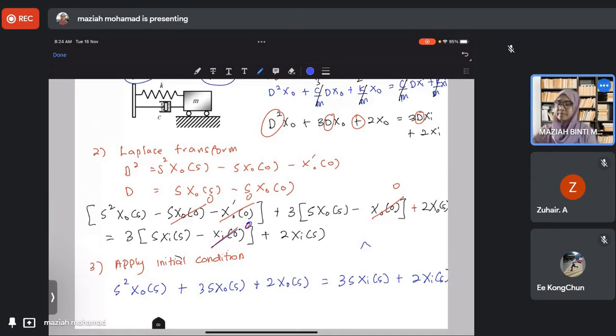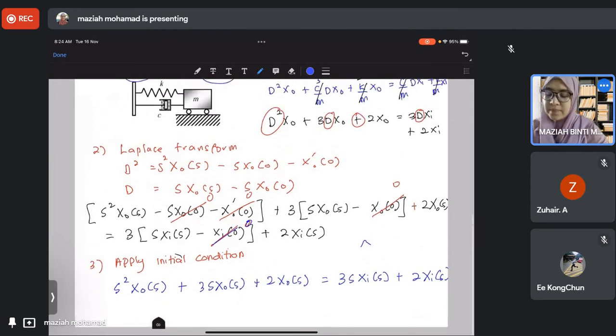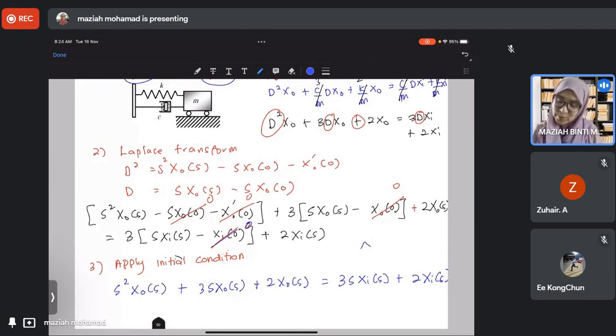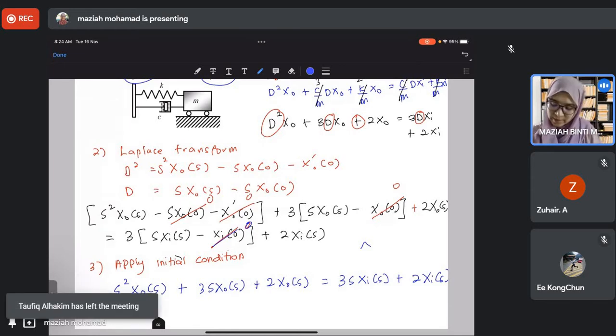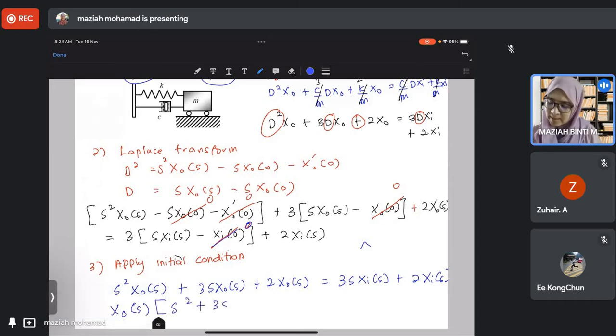Alright, so we're going to separate the output here. So we're going to factor X naught(s) multiplied with s squared plus 3s plus 2 equal to 3s plus 2 multiplied with Xi(s).